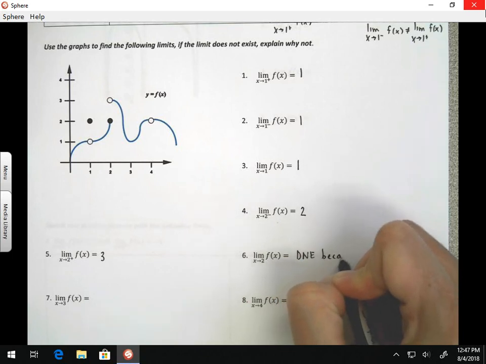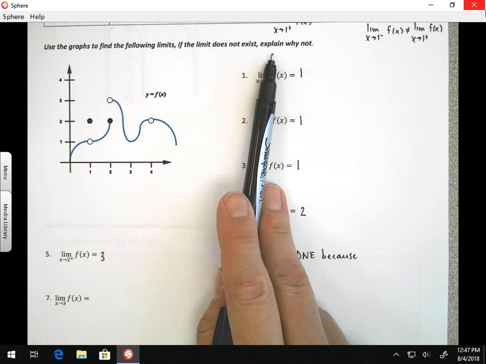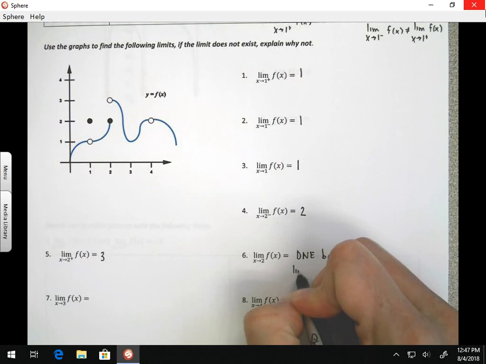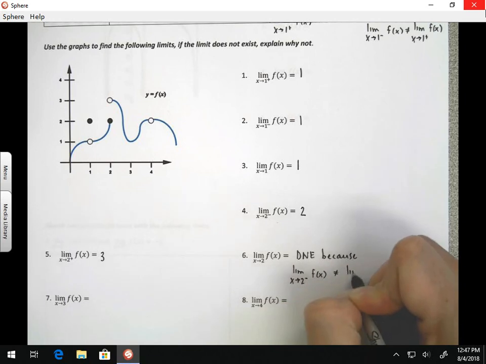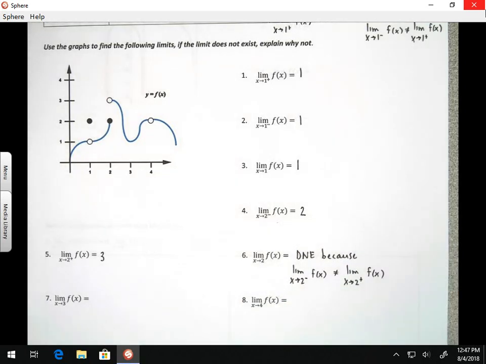And here's how we explain our answer. The directions tell us to explain why not, and we do that by specifying that our one-sided limits are not equal. Whenever you're asked to explain why a limit does not exist, this is what we're looking for: just state that those one-sided limits are not the same.